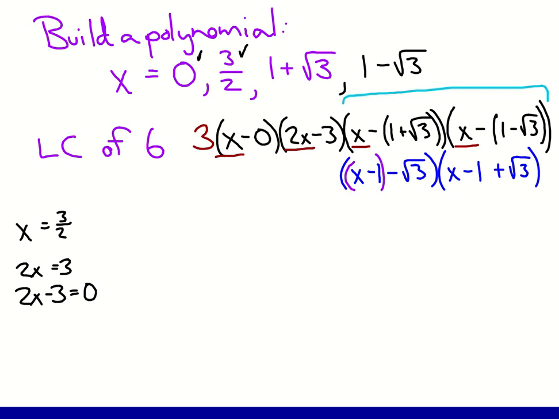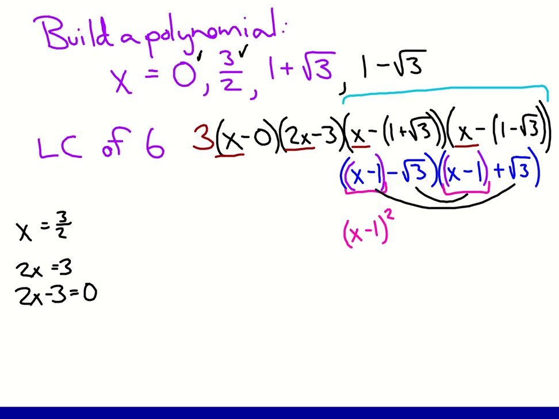I can group the x minus 1s together. Putting those purple parentheses there does not actually change those expressions. Now this looks like a difference of squares. I would have x minus 1 times x minus 1, so x minus 1 quantity squared, with x minus 1 as one entity. Then my inner term would be x minus 1 times negative root 3, and my outer term would be x minus 1 times positive root 3.